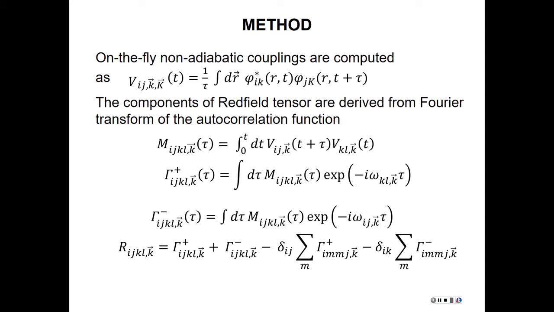Here we can see 2 K points, 2 different sets of K points, but in the rest of the equations I used only 1 K point, because for Redfield tensor calculations I used the code for the momentum conserving system. So in this case, uppercase K equals lowercase k.